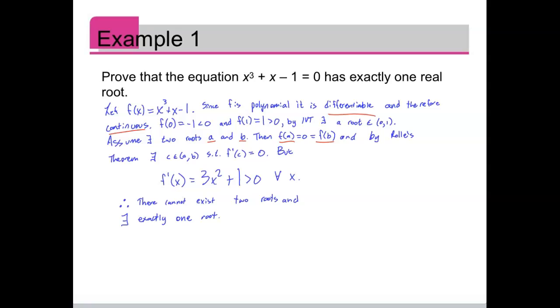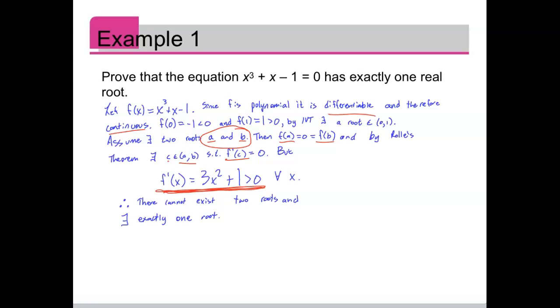So our function satisfies the hypotheses of Rolle's theorem. Therefore, it should satisfy the conclusion of Rolle's theorem. There should be a c in between a and b such that the derivative is 0. But we just showed that that is not possible. So that means that our assumption can't be true, and our assumption was that there are 2 roots.